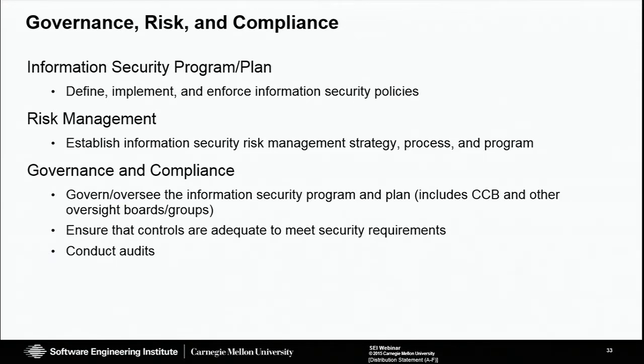And then all of the oversight. I'll talk specifically about a significant oversight function, the Information Security Executive Council, in a bit, but just making sure that change control boards, other oversight boards, are done from a compliance perspective, making sure controls are adequate and interfacing with the audit function of the organization.